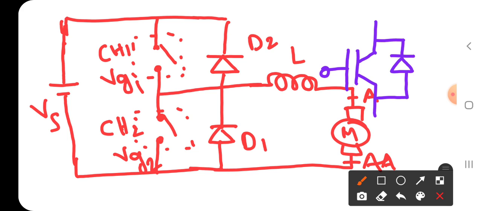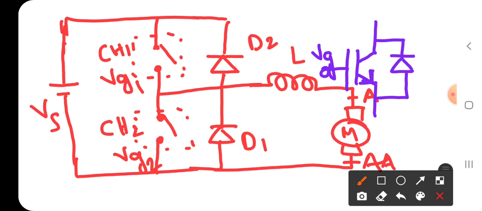So let me take the switch like this. For this switch, let this be the gate voltage VG. Which kind of switch is this?